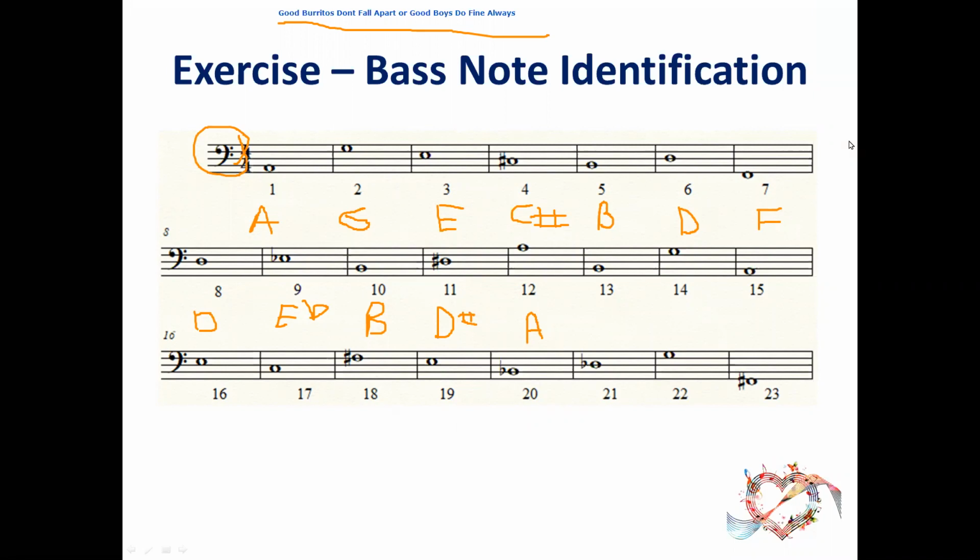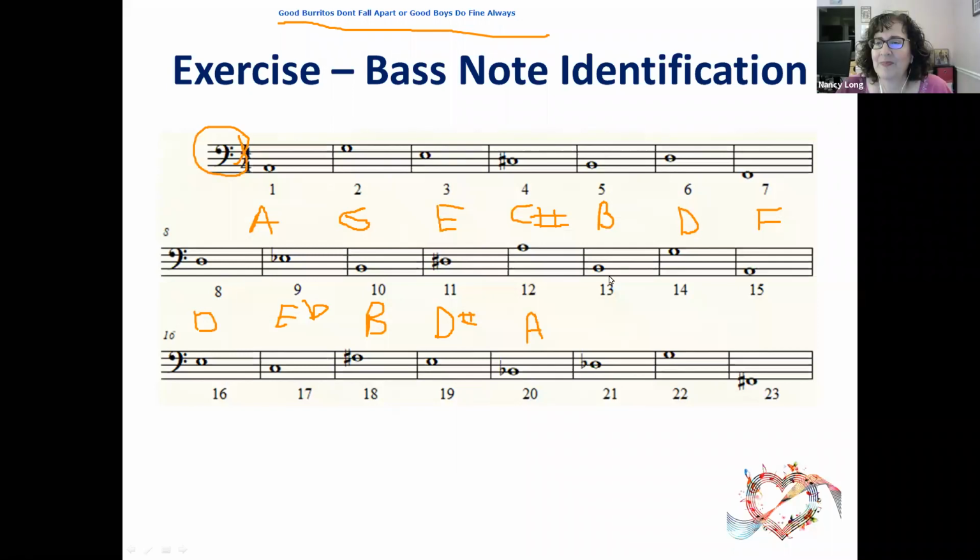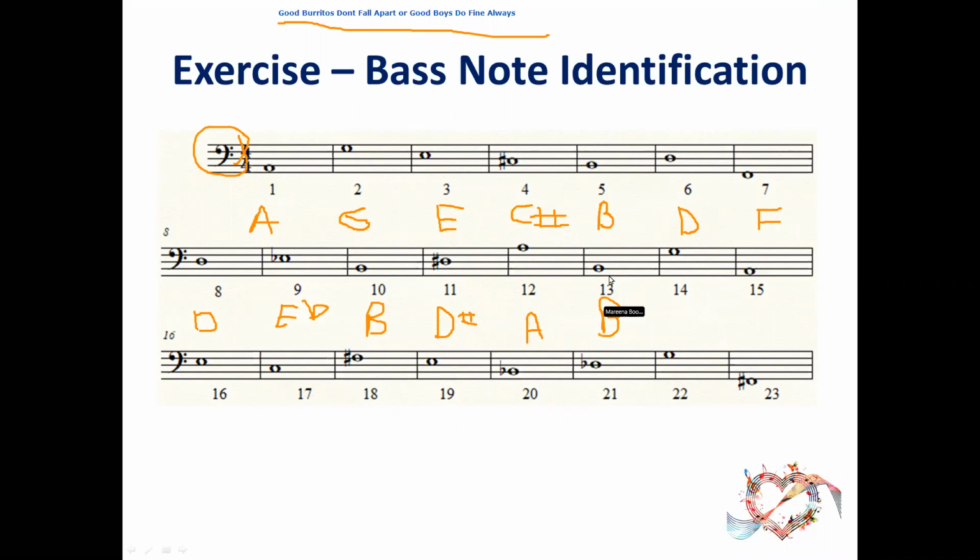C. This is good burritos. Because we're actually on the line, oh, we're on the line, not on the space. So that's B. Yes. Do one more. Now use the all cows line. G. There you go. Nicely done.